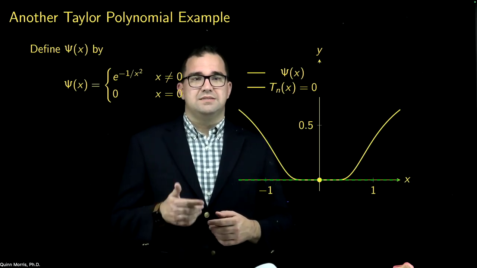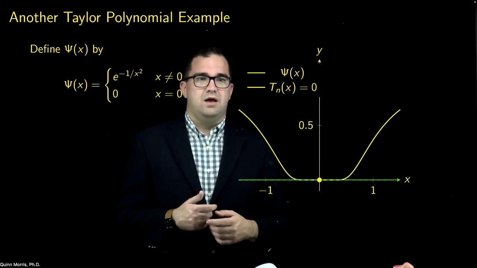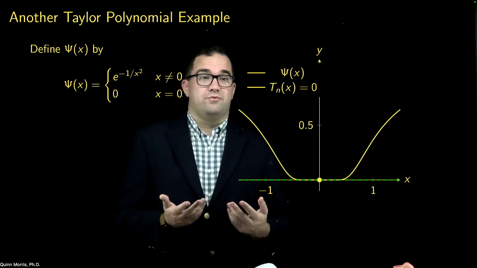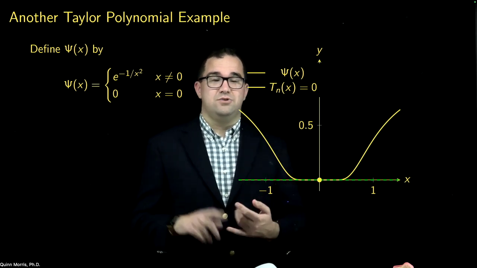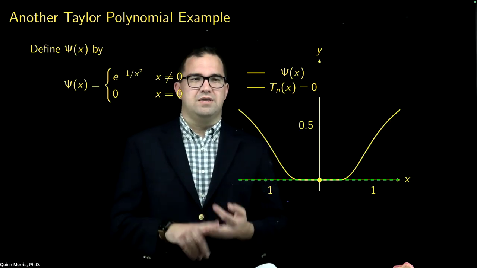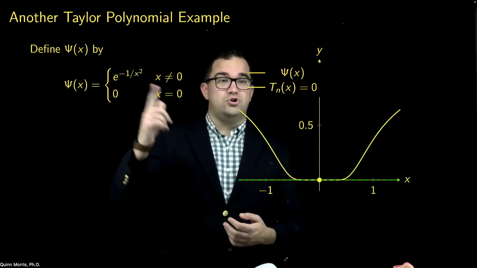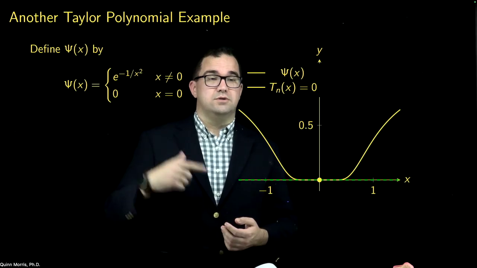But the other reason this is important is that we know lots of theoretical results for polynomials. Polynomials are nice, continuous, differentiable. We can do lots of things with polynomials that are hard to do with a generic function.